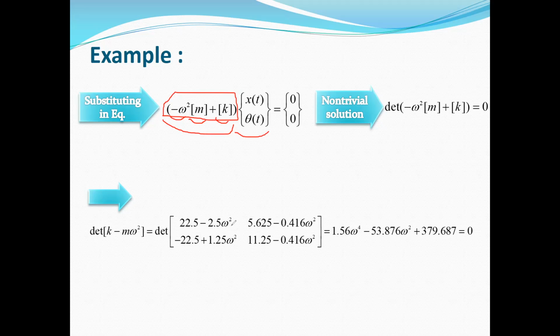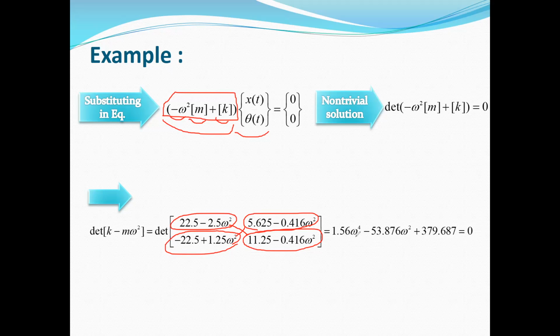The determinant can be obtained as follows: the first row, first column component must be multiplied by the second row, second column component, minus the first row, second column component multiplied by the second row, first column component, and we can extract the determinant of this matrix. It must be equal to 0.